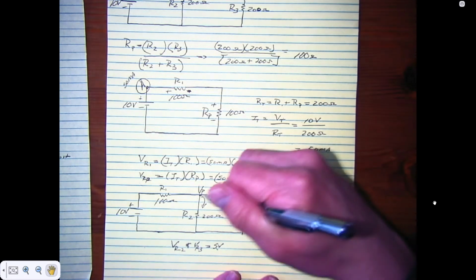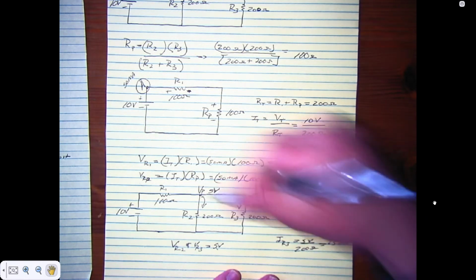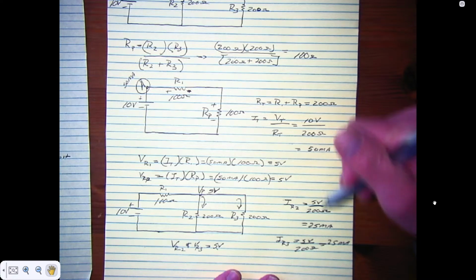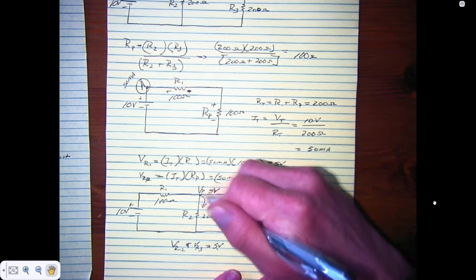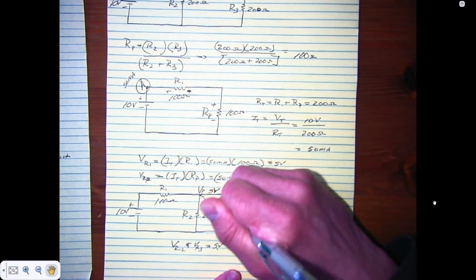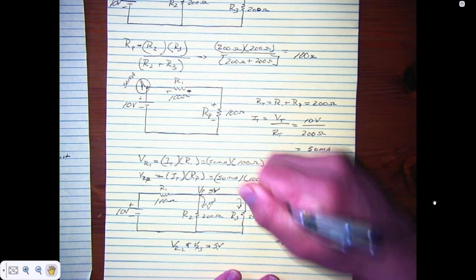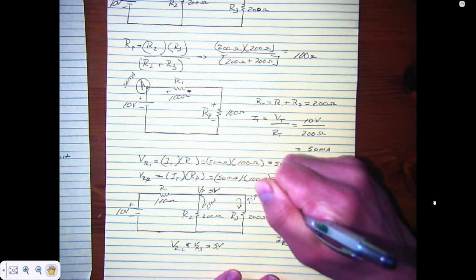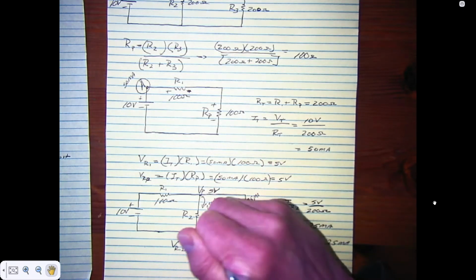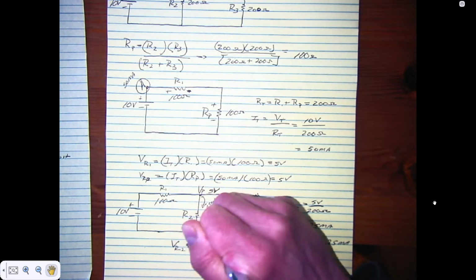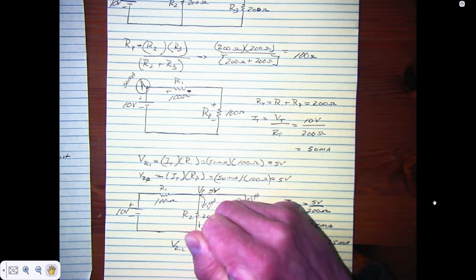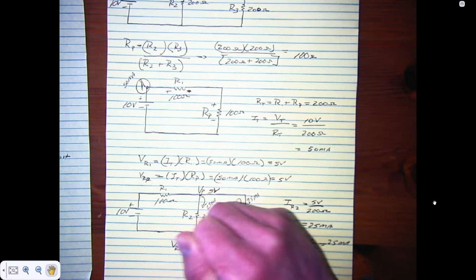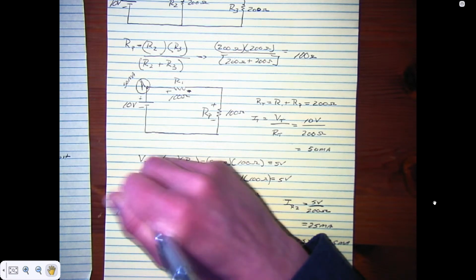Now what I want to do is find IR2 and IR3. Well, that's just taking the 5 volts and the 200 ohms and getting 25 mils. So you have 25 milliamps on this branch, and you have 25 milliamps on this branch right here. So at this point right here, as they start to come back in, we have current going this way and we have current going this way, and we know that this should add up to I total.